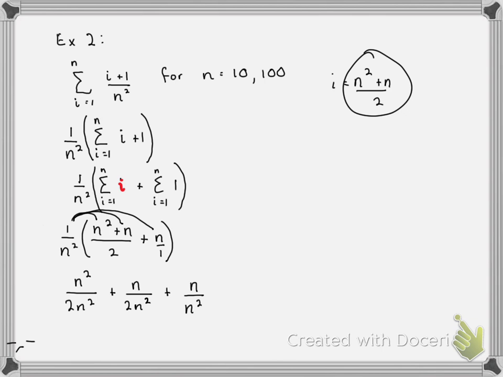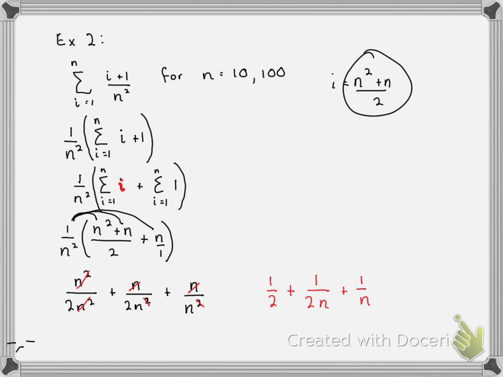Okay, now we can simplify just like we would in a regular algebra situation. n squared and n squared divide each other away, and we have 1 over 2. Okay, then n takes one of those away, and we have 1 over 2n. And then n takes one of those away, and we have 1 over n. That is the simplification of that summation.